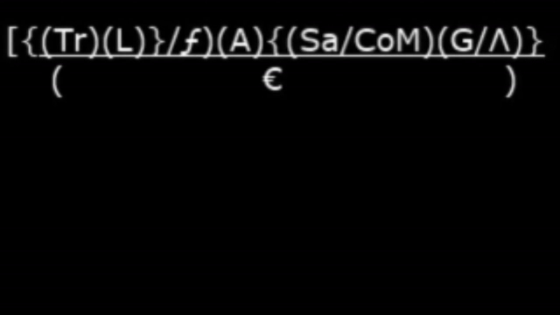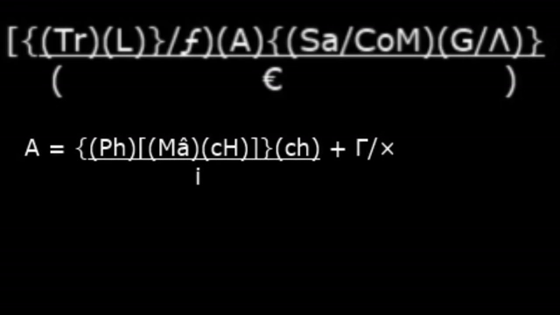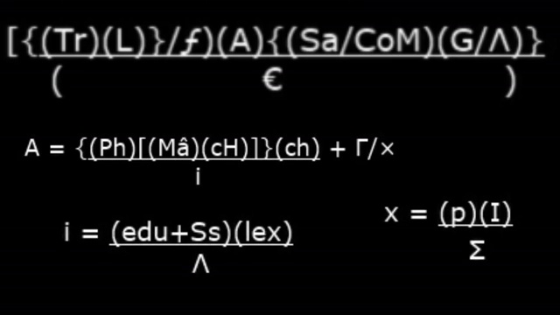This is how you break down the rest of this meat and potatoes algorithm. So going back to the very beginning, there we go. You have your trust and loyalty multiplied together, all divided by faith, how much faith you have in that person, and then multiplied by attraction. And then in their own little parentheses, you have sacrifice divided by compromise, multiplied by goals versus how much time you have left.